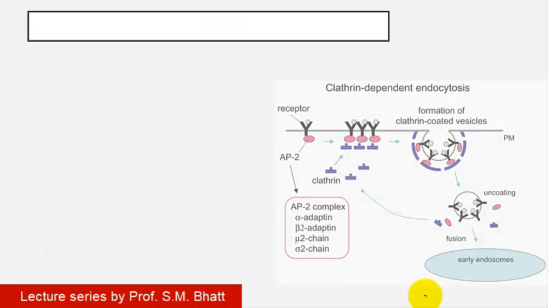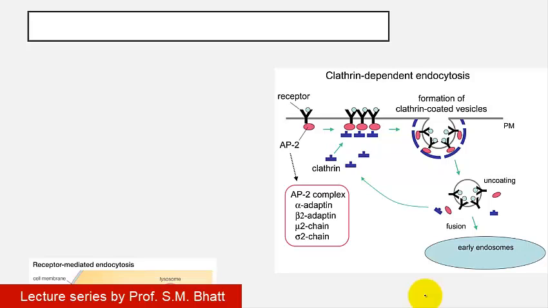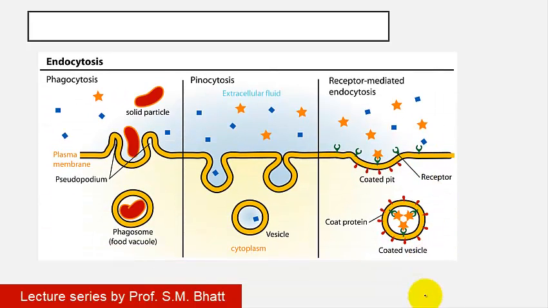Okay. Now we can classify the third type, bulk transport. There are three types of endocytosis. One, when a solid particle is being eaten by the cell and the membrane forms vesicles, food vacuoles, this is called phagocytosis.